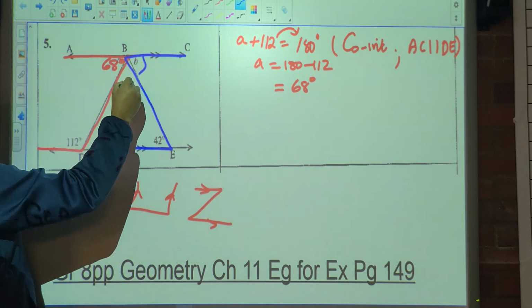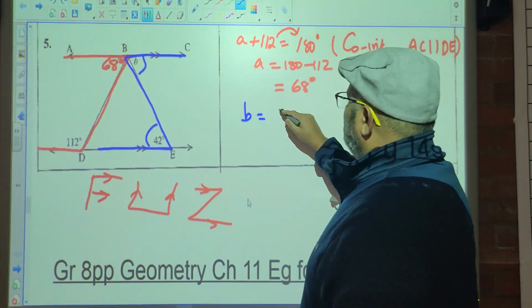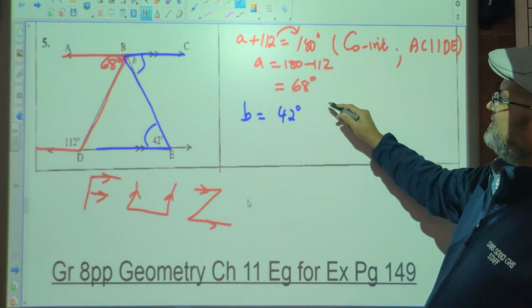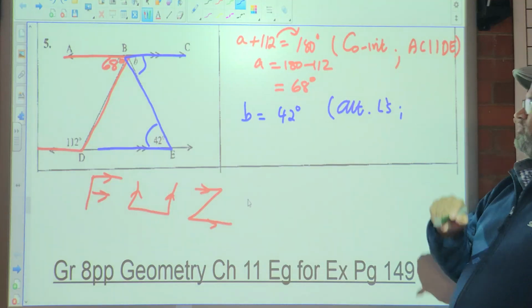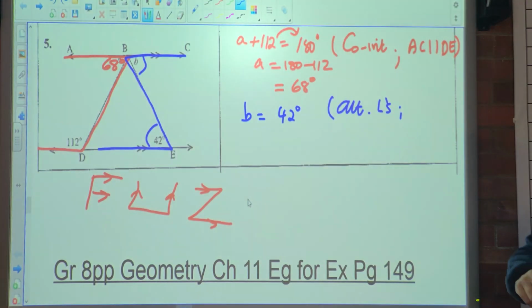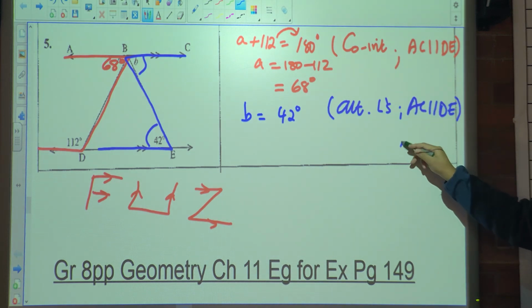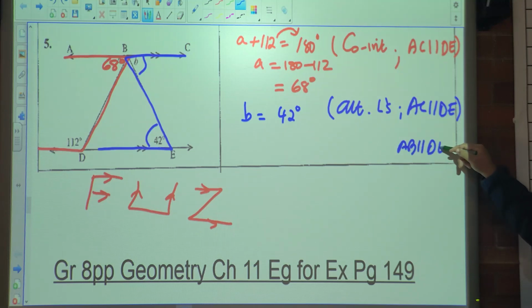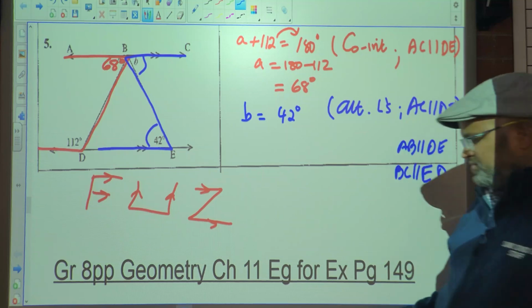So this angle here is equal to that angle, so B is equal to 42 degrees. Why? Because it's alternate angles. What must I not forget? Parallel lines. We're going to say AC is parallel to DE. Instead of AC, I could have said AB is parallel to DE, or BC is parallel to ED. You guys understand? Good.